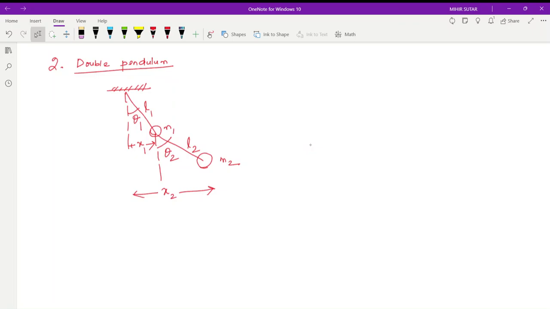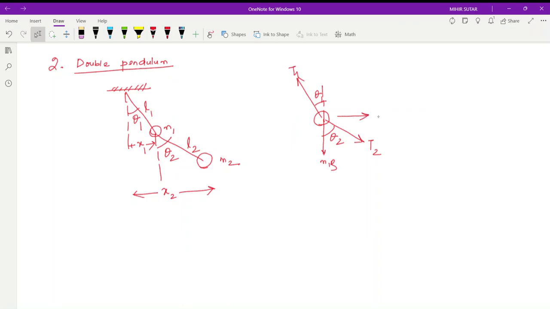Clear? Now for the first pendulum, if you draw the free body diagram, we have this weight acting in downward direction m1g, tension, let's say this is T2, and this tension is T1. This angle is theta 1, and this angle is theta 2.